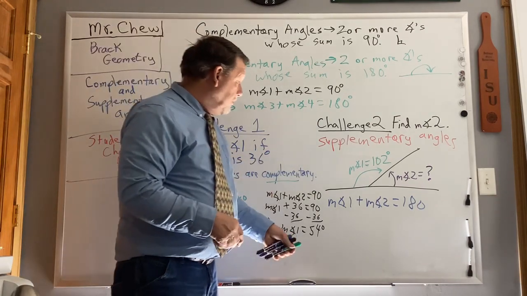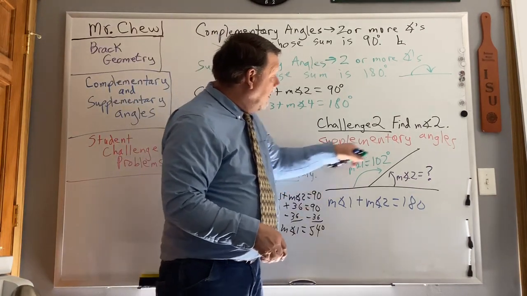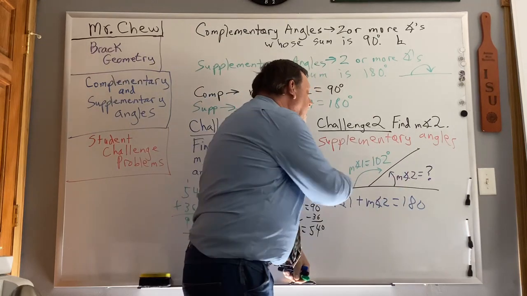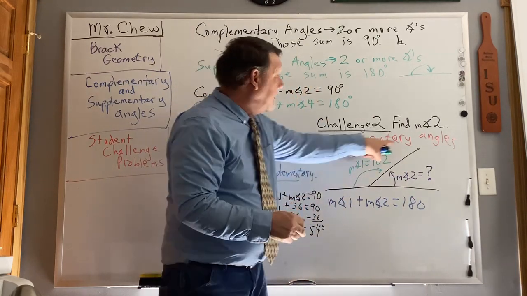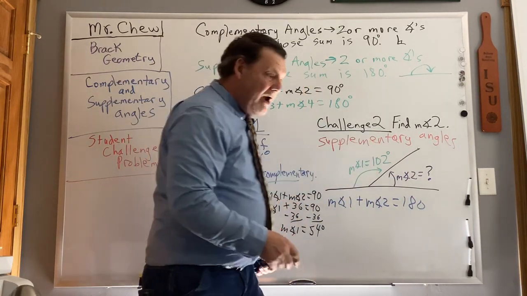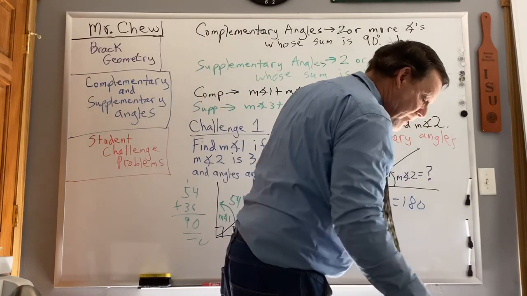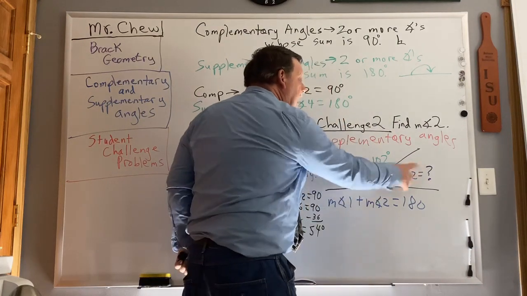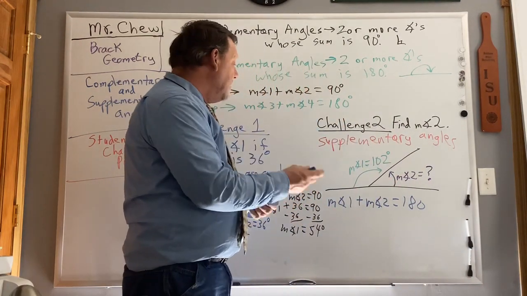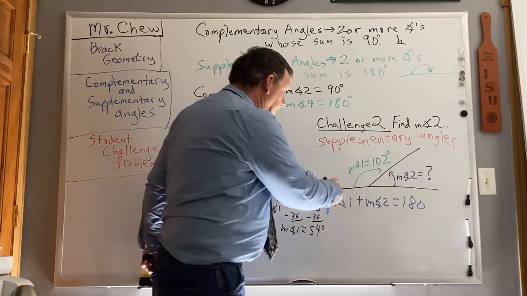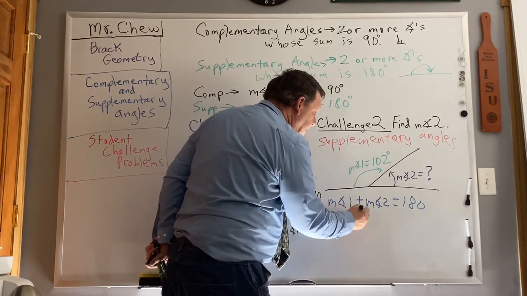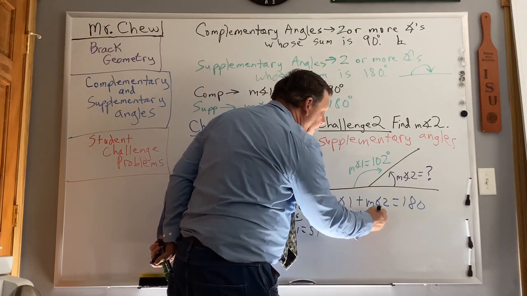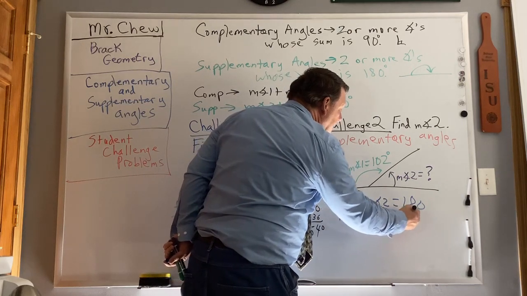In challenge 2, I have a straight line, which is a 180 degree angle, which means it's supplementary. And I know that I've got a 102 degree angle right here in green, measure of angle 1, and I'm supposed to find the measure of angle 2. So now I'm just going to substitute. So the measure of angle 1 is 100 degrees plus the measure of angle 2 is 180.